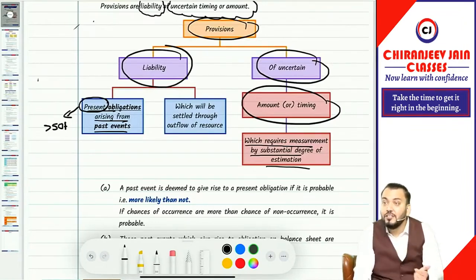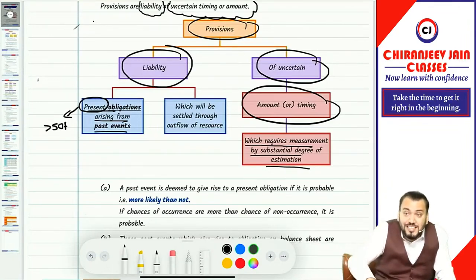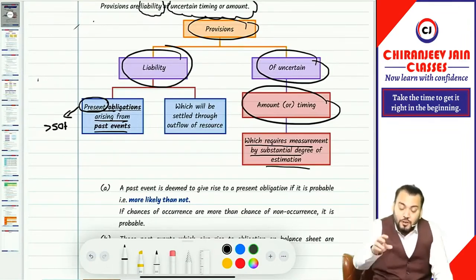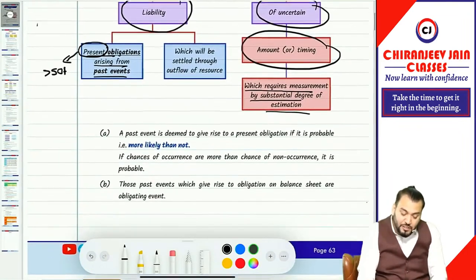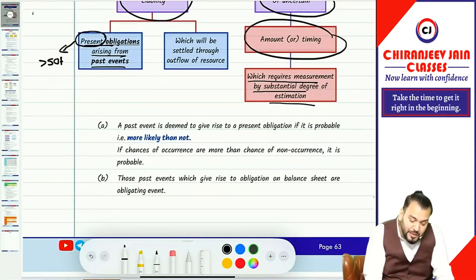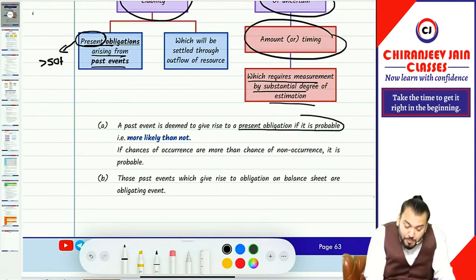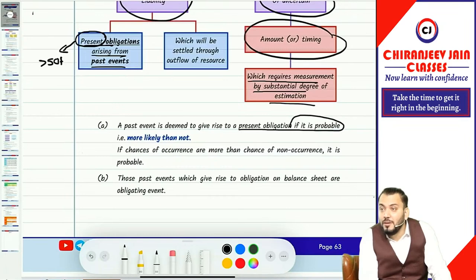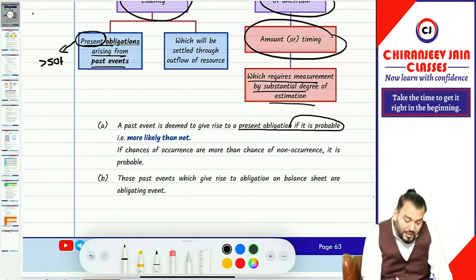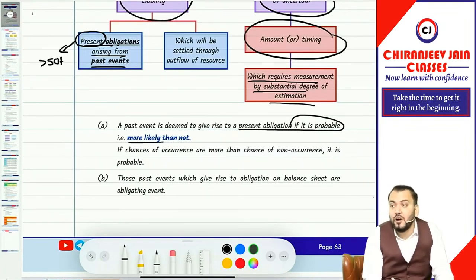So liabilities are present obligation arising from past event. What is the meaning of present obligation? Any past event is deemed to give rise to present obligation if it is probable. Probable means it is more likely than not.